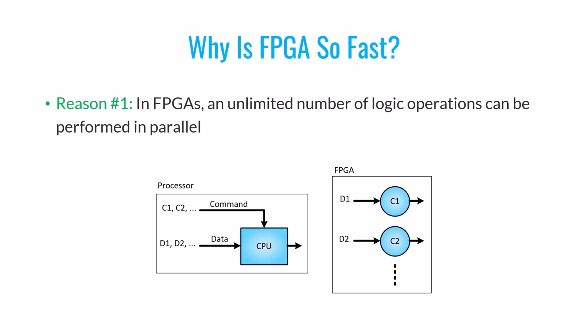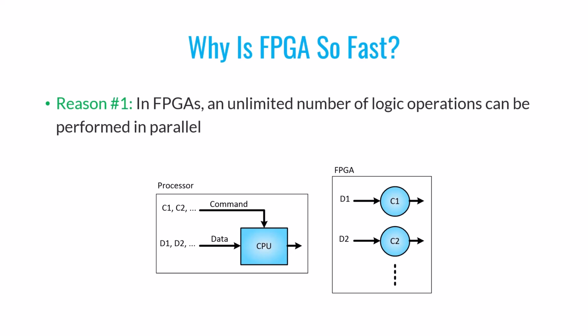For instance, in this processor, there is a program to execute instruction C1 on data D1, then instruction C2 on data D2, and so on, all using the CPU. Now remember, a CPU can only execute one of these instructions at any given moment.